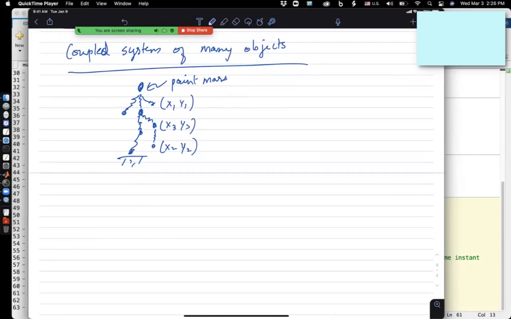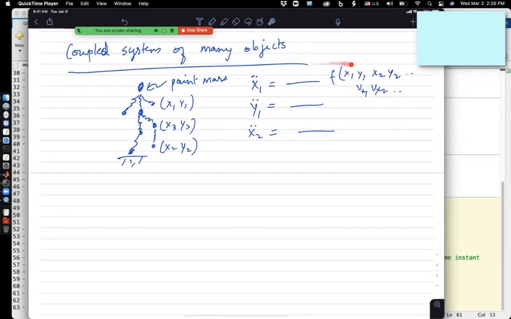So you can say x1 double dot, basically ax1, is going to be something, y1 double dot is going to be something, x2 double dot is going to be something. Usually it's a function of all the other variables, x1, y1, x2, y2. Maybe it's a function of vx1, vx2. It's going to be some very complicated thing on the right-hand side.